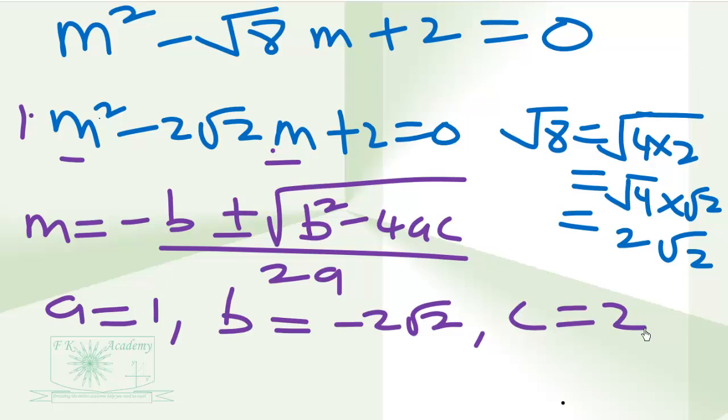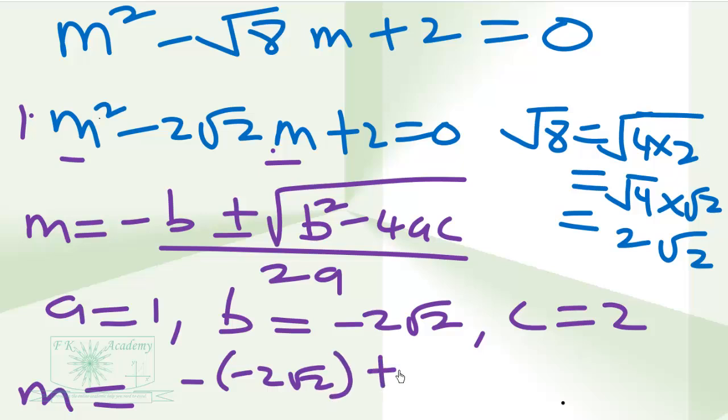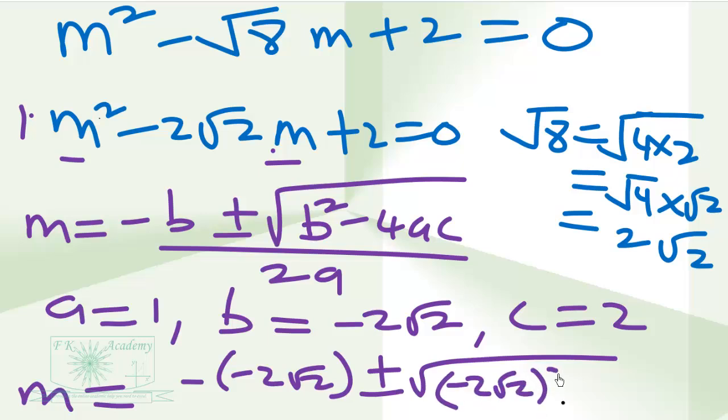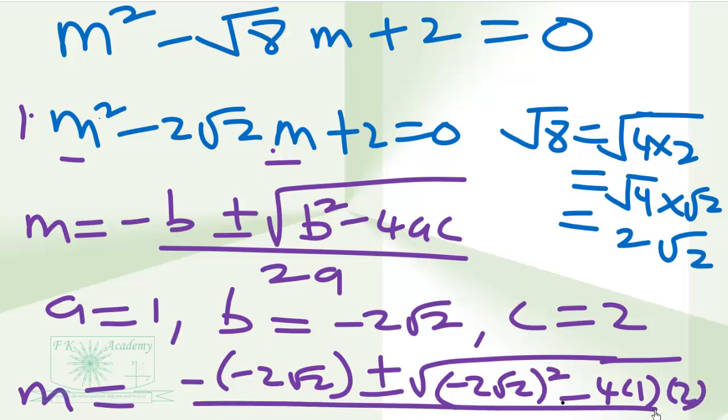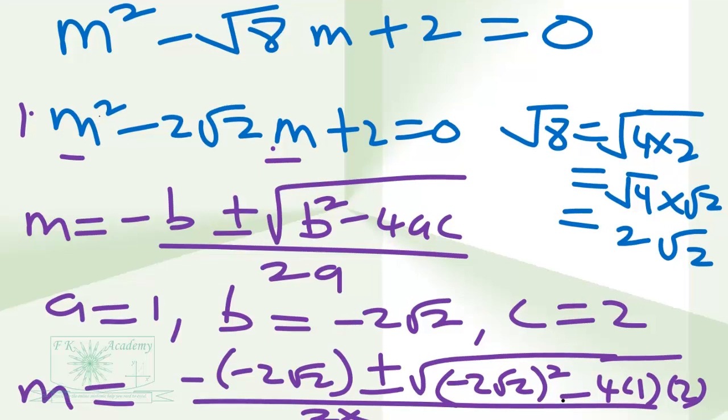So let's fix in the values. m will be equal to negative b, which is negative times negative 2 square root of 2, plus or minus square root of negative 2 square root of 2 squared, minus 4 times a, which is 1, times c, which is 2, all divided by 2 times 1.